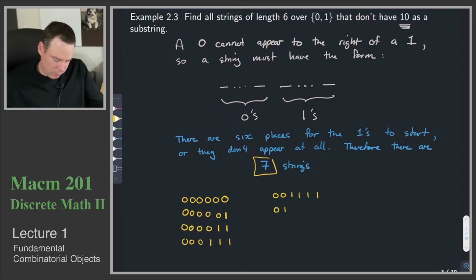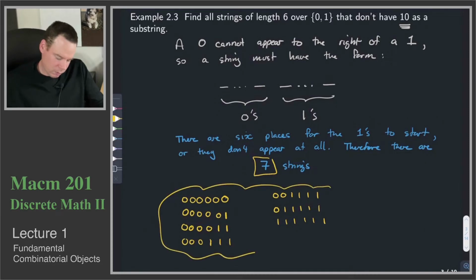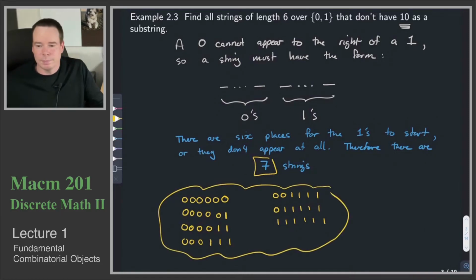Or it appears in the 2nd spot, or it appears in the 1st spot. And there we go. There's our 7 strings. And so we got them by first making this observation that if you can't have 1, 0 appearing, then all the 1s have to always appear to the right of the zeros.